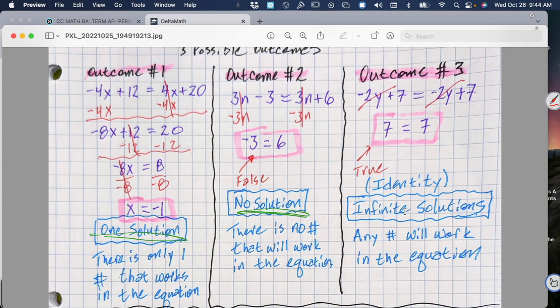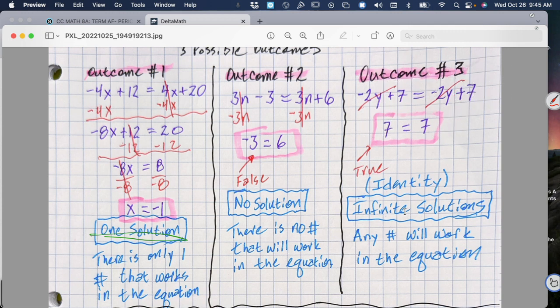So for the variable parts, the variable amounts, do we want them the same or different? Same. For the constants, do we want them the same or different? Same for the variables, same for the constants. Yeah, for infinite solutions, that's what we want.